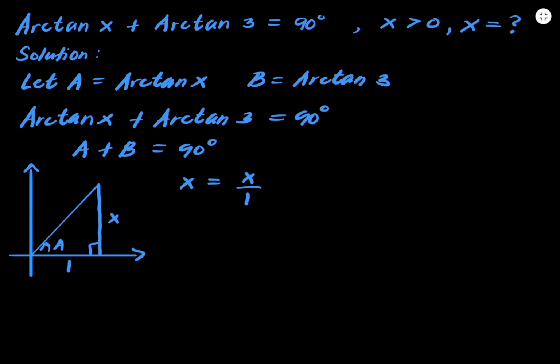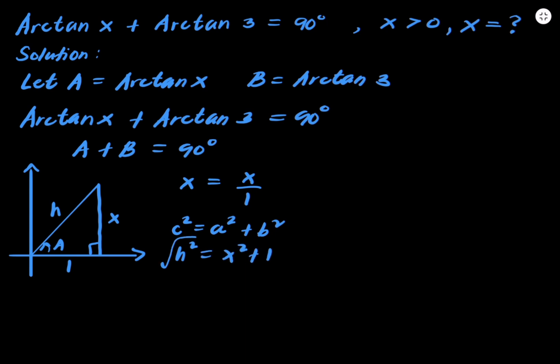So we need to determine the hypotenuse. To determine the hypotenuse, we will be using the Pythagorean theorem first. The square of the hypotenuse is equal to the square of a plus the square of b, where a and b are the legs. So x and 1 are the legs of the right triangle. Now, suppose this is h, so h squared equals x squared plus 1.